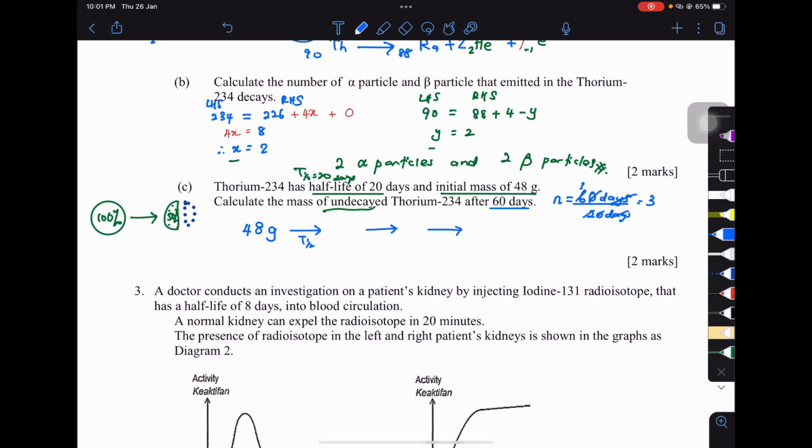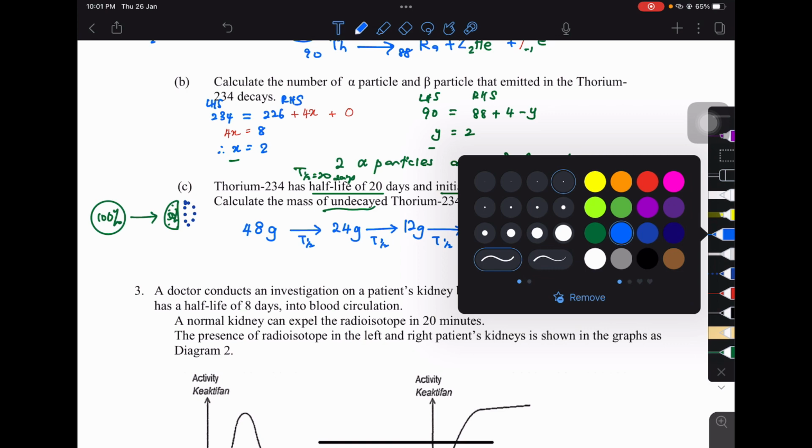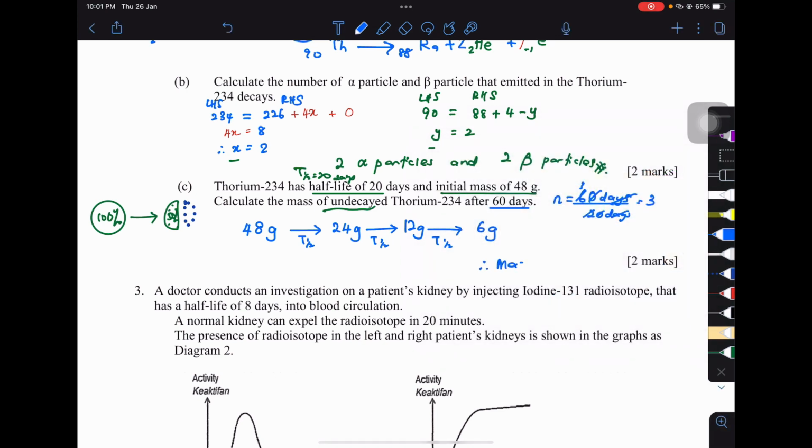So this is the first half-life, second, and the third half-life. Half of 48 is 24 grams. Half of it is 12 grams. And half is 6 grams. Each of the half-lives is 20 days. Therefore, looking back at the question, the mass undecayed is 6 grams.